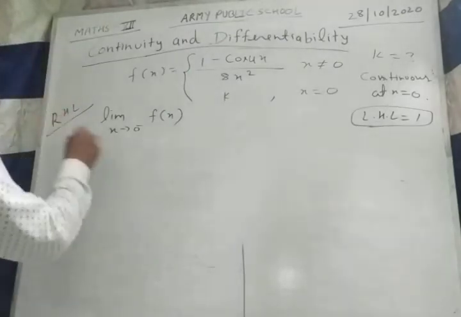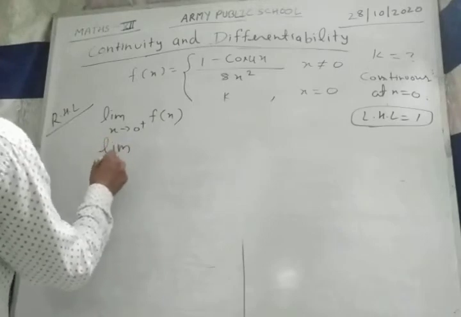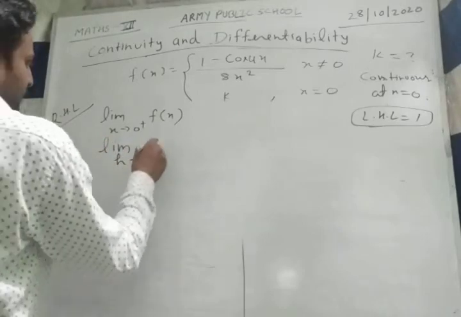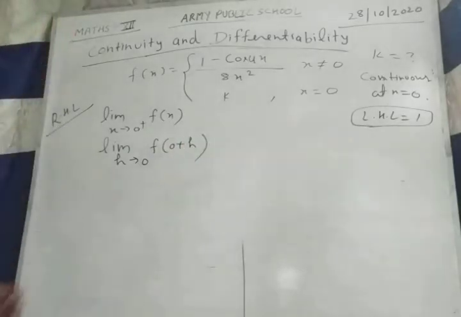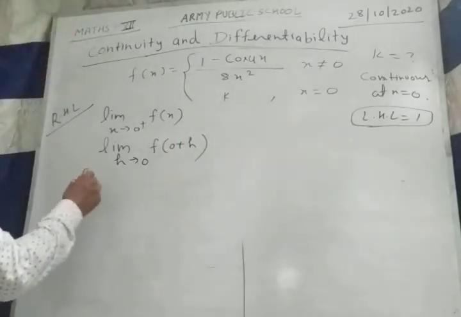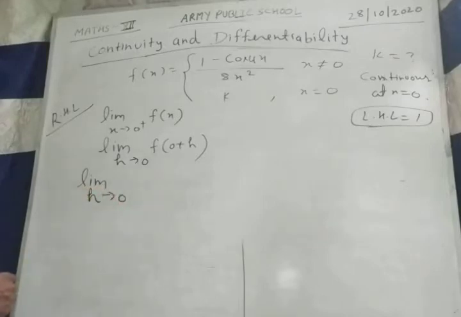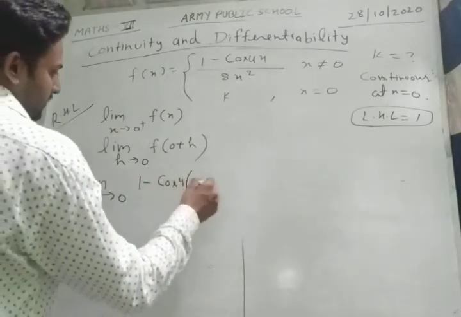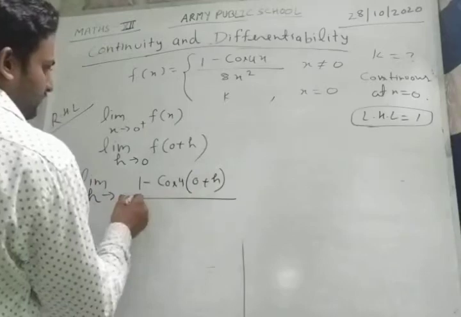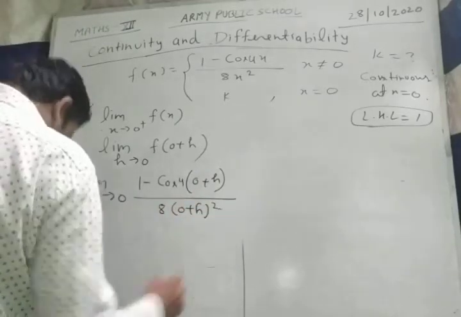Now we find our right hand limit. Our right hand limit will be limit h tends to 0 of f(0 + h). Our function gives (1 - cos 4(0 + h)) divided by 8(0 + h) whole square.